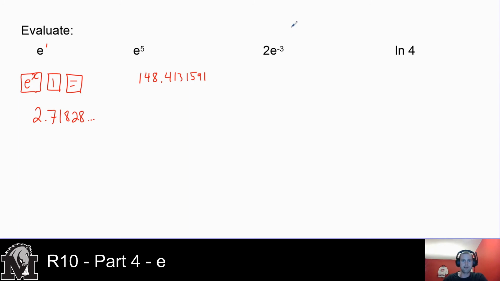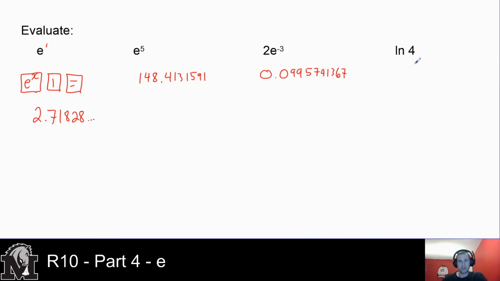Up next we have 2 times e to the power negative 3. And that gives me 0.099574137.